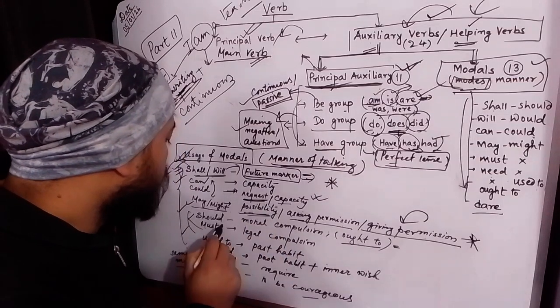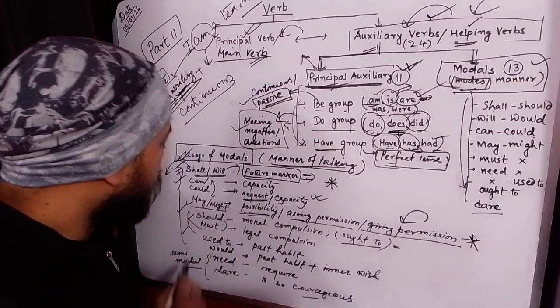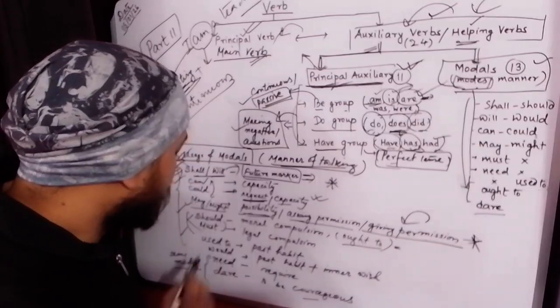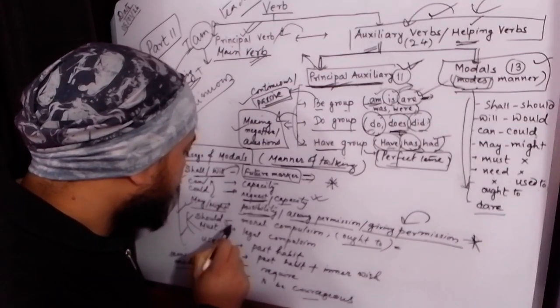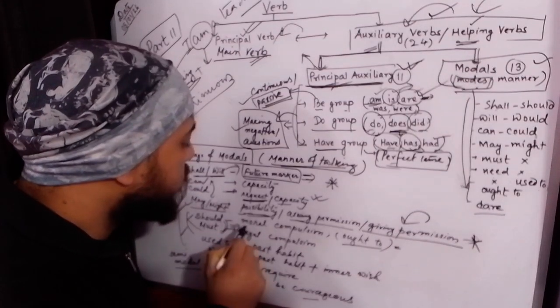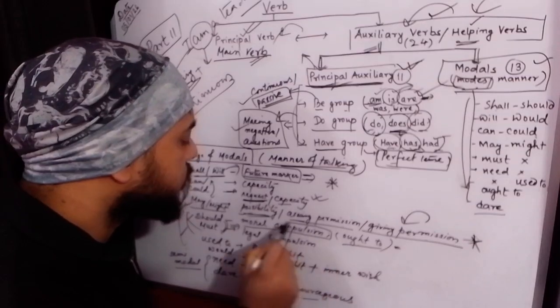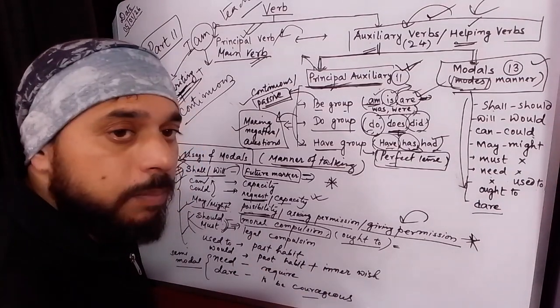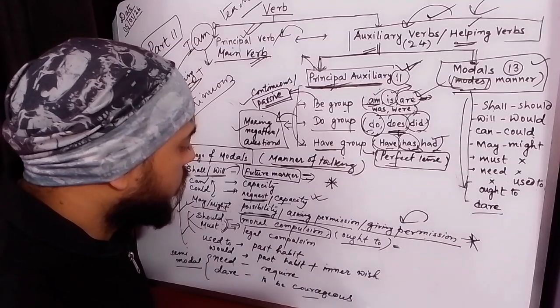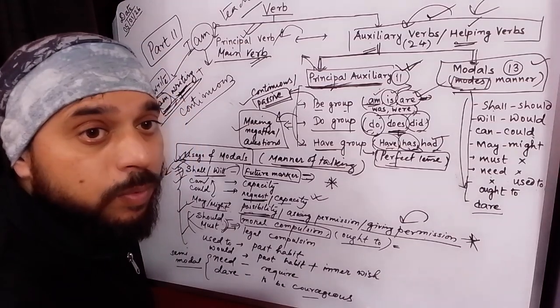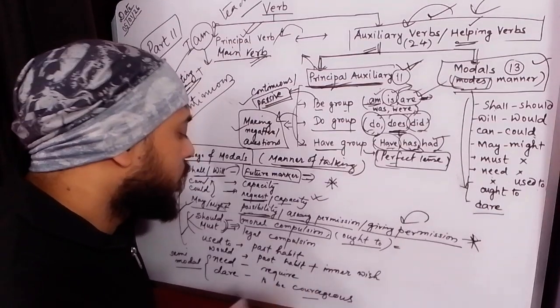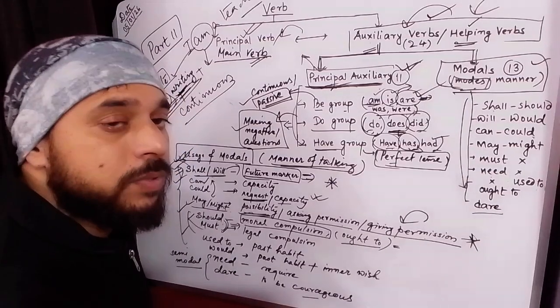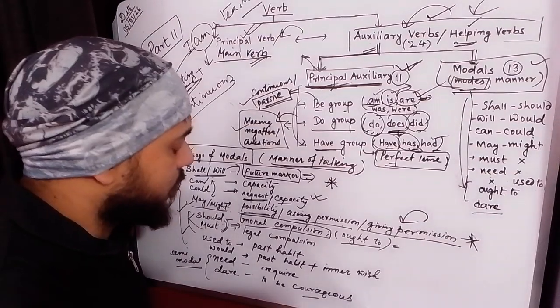Next comes should and must. This would be also used in a pair. Basic difference is there. Should is moral compulsion. Whenever I use should, that means nobody will punish you if you don't do that, but it's a kind of morality. The question of morality arises.